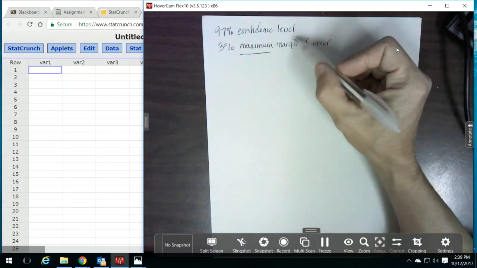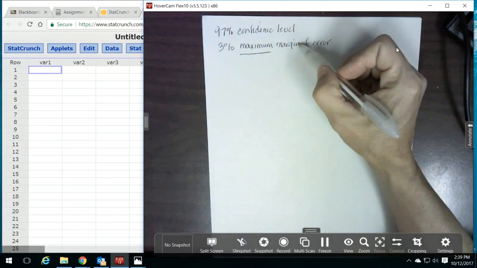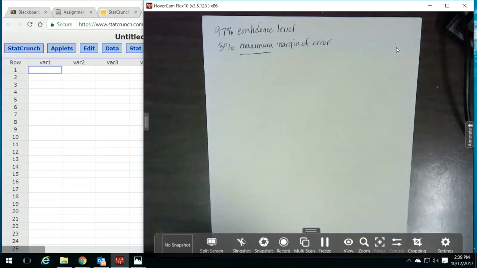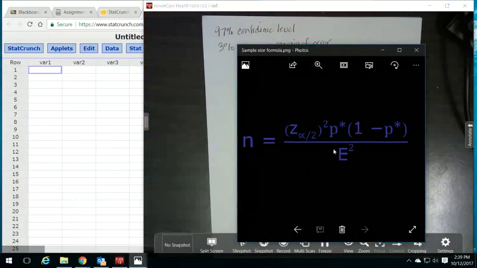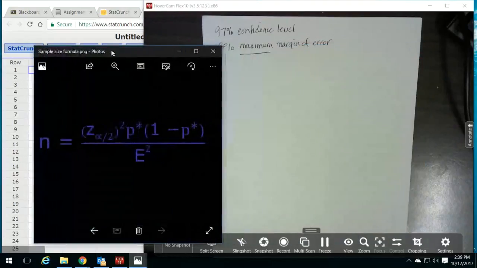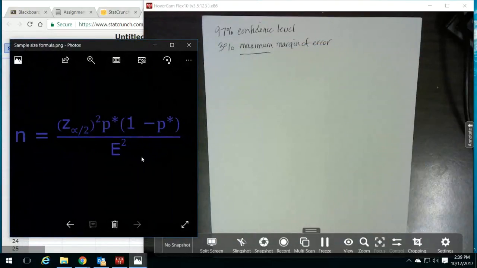Anyway, so the idea is to take these two choices and then use the sample size formula and see what that comes out with for what the minimum sample size would be for this. Okay, so here's the formula. So I'm going to plug all these things into this formula, and there are a couple of other values that I have to put in here.